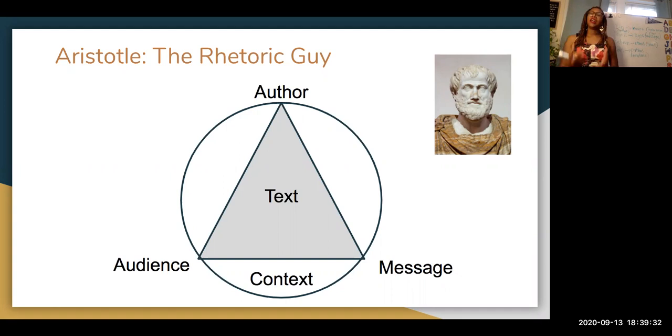That gives us context or background information. Everything has context. If you read something isolated from its context, then you might go, "What? I don't understand," right? So you want to know background information about each of these components, okay? And then we just have in the center the text itself. Like, is this a speech? Is this a letter? Is this a fiction piece, etc.? Okay?